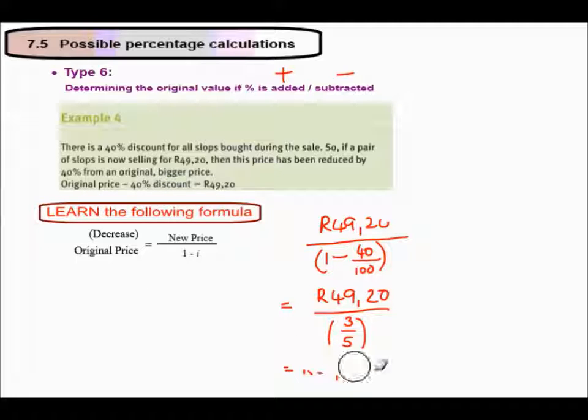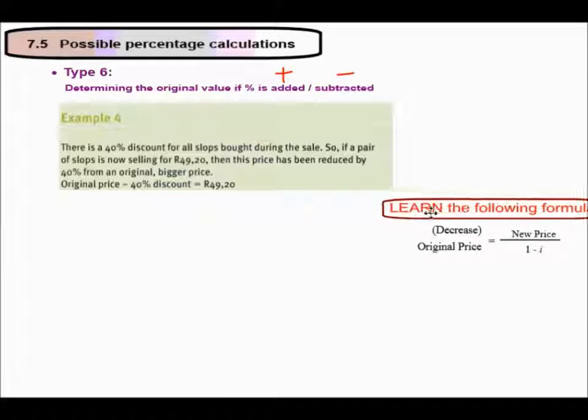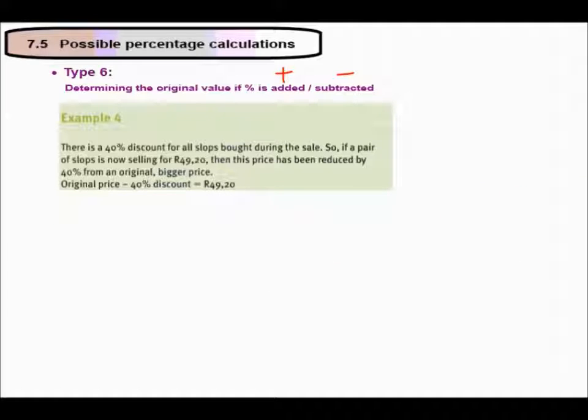Right, I'm going to use VAT to explain this in more detail. So for example, if I have 150 Rand that I've got to add VAT to, which is 14%, so 14% of 150 Rand, and I'm going to add it to the 150.